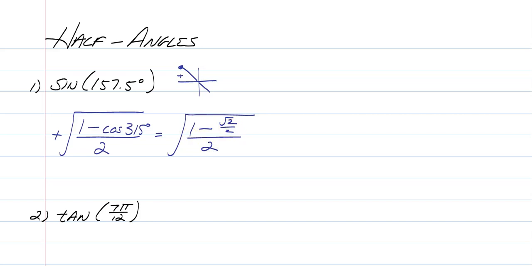Now, a little trick to simplify this and make it easier is to just multiply all three terms by your denominator of any fraction you have. So we have a 2 in the denominator here. Just multiply all of these by 2. And if you do that, your next step is going to just be the square root of 2 minus the square root of 2 all over 4.